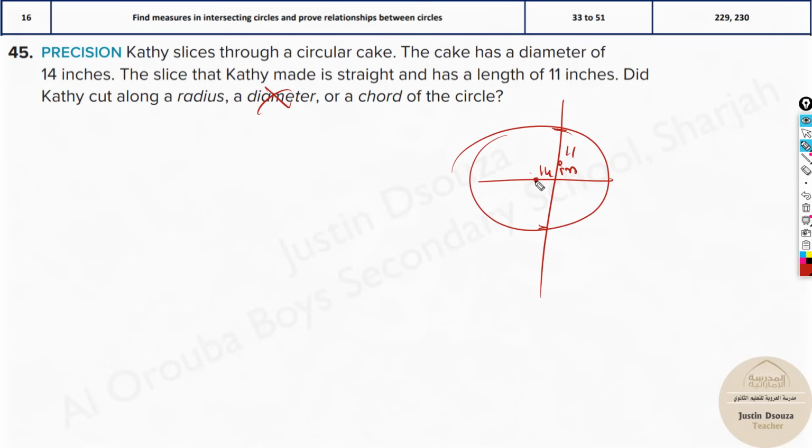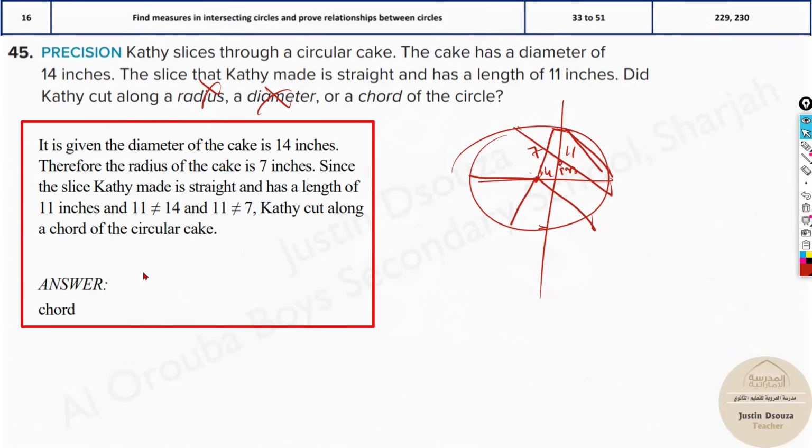To be a radius, doesn't matter how it is cut, it has to be half of 14, which is 7. But it's more than 7. So if it's more than 7, it can be a chord anyway, because there's only 3 options. It can't be a radius, it can't be a diameter, it must be a chord. Let's just look into this. Yes, it's a chord. Why? Because it's not 14, it's not 7, it should be a chord.